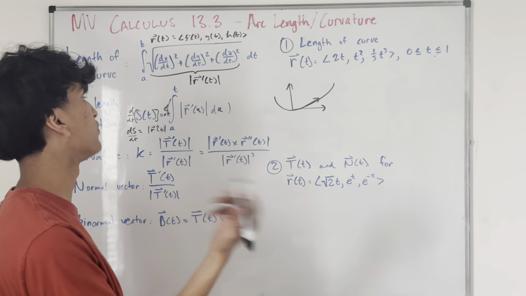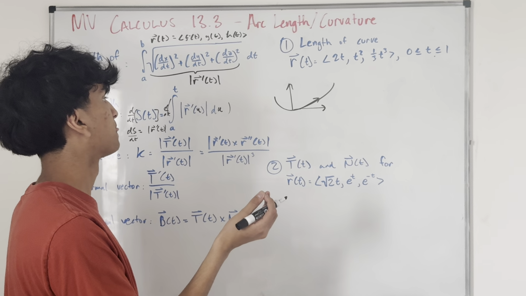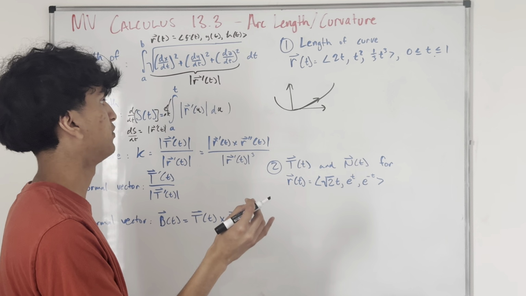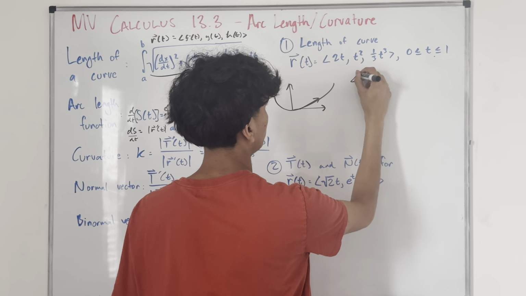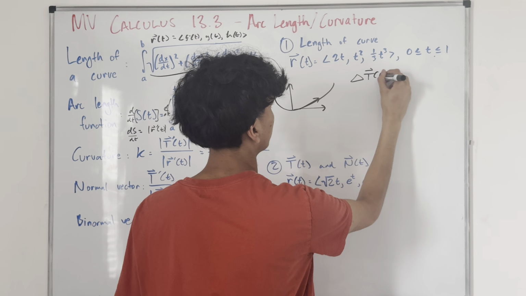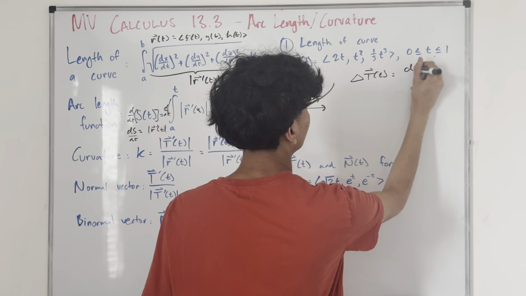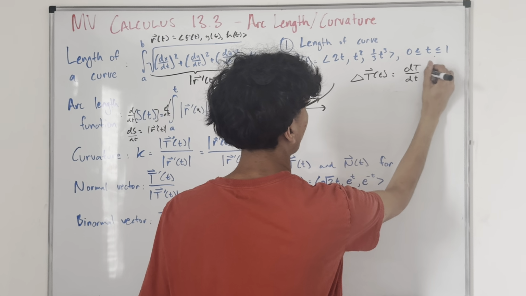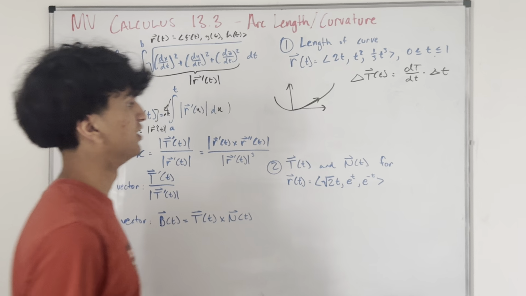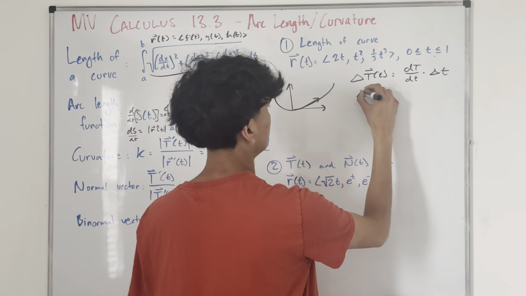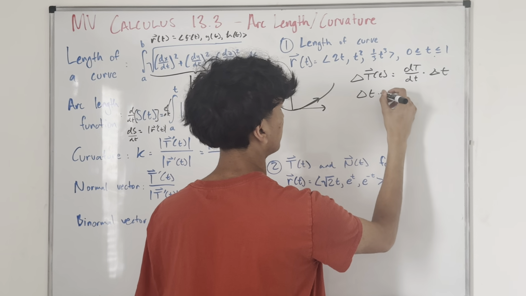Over small time intervals, your total change in the tangent vector is really just going to equal T prime times the change in time, as the change in t approaches 0.